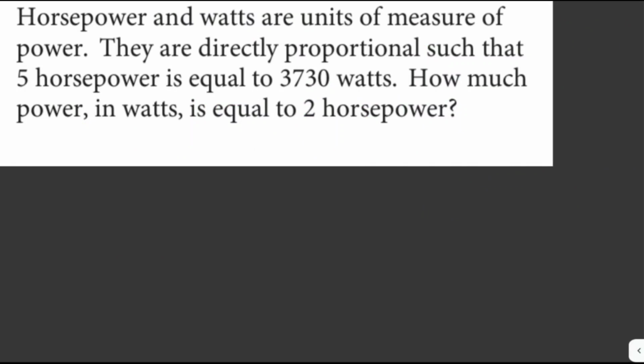Horsepower and watts are units of measure of power. They are directly proportional, such that 5 horsepower is equal to 3,730 watts. How much power in watts is equal to 2 horsepower? So we just do conversion here.